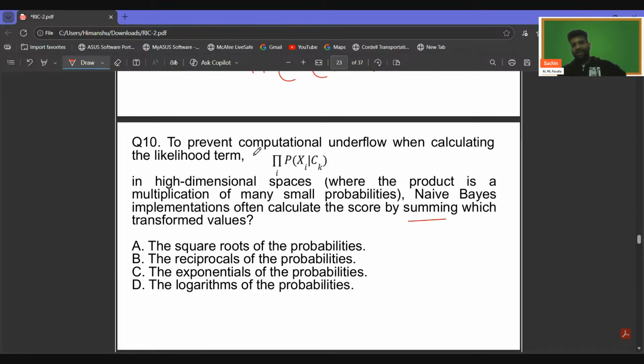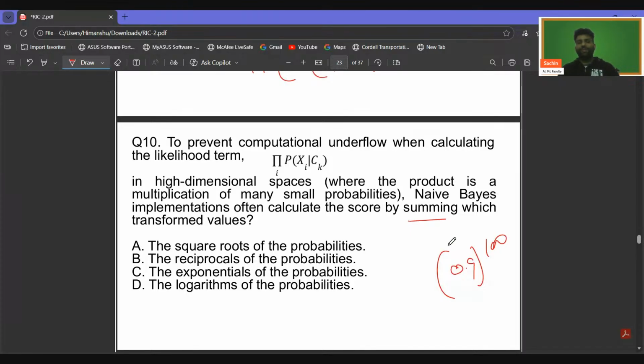Because the product is a very complex thing if we have a number of features, just think about 100 features. In that case, it would be the product of 100 features. And if I'm talking about probabilities, the product of all that would be very small. Just think about the product of all the values between 0 and 1. Even if I consider 0.9, just think about 0.9 to the power 100.